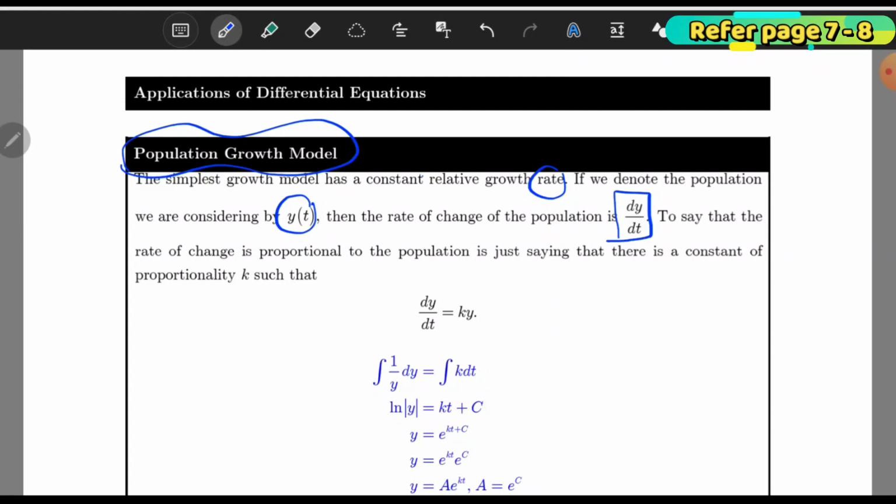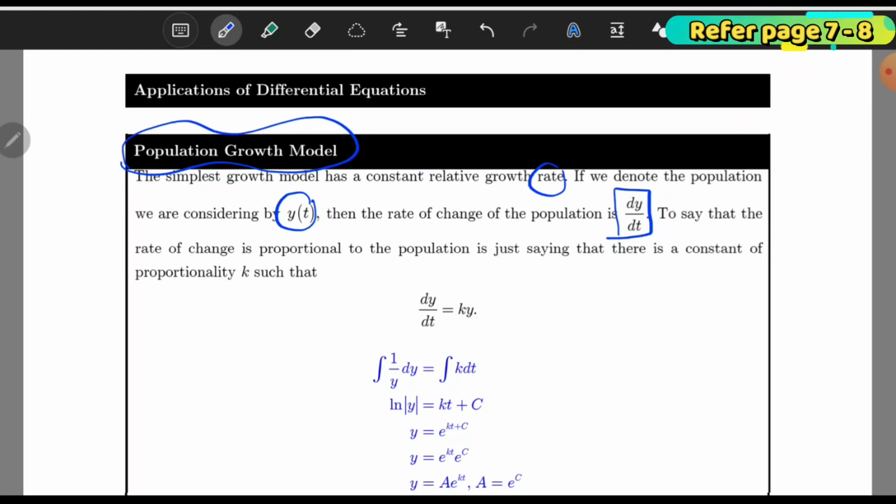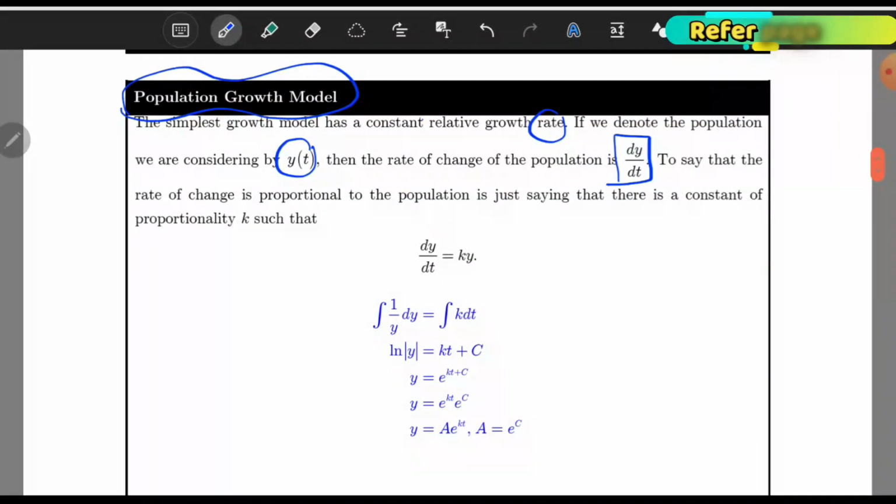To say that the rate of change is proportional to the population is just saying that there is a constant of proportionality k such that dy/dt equals ky.